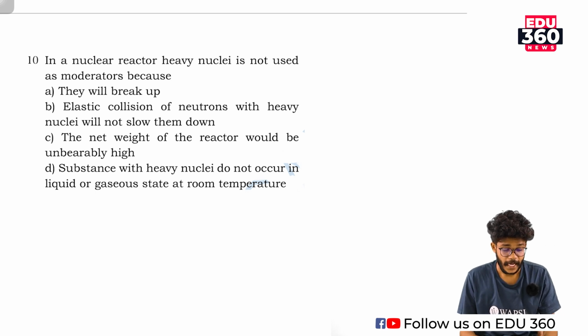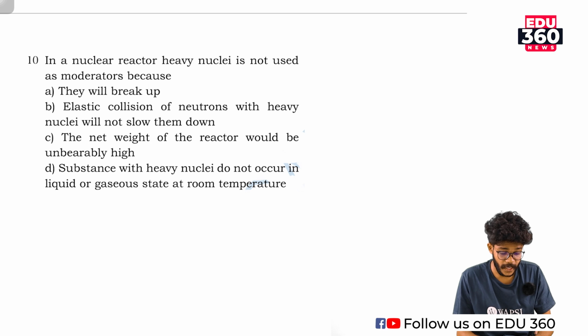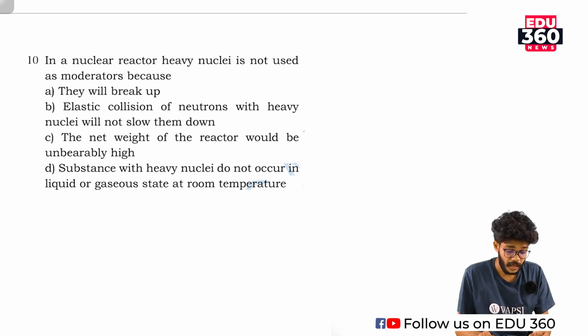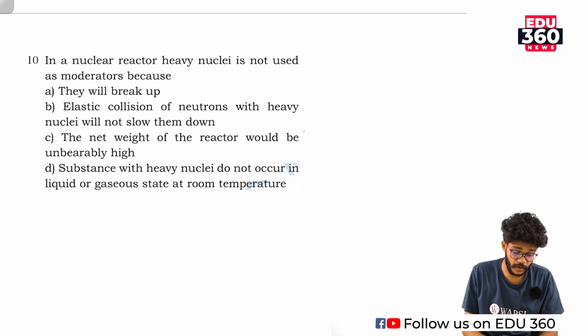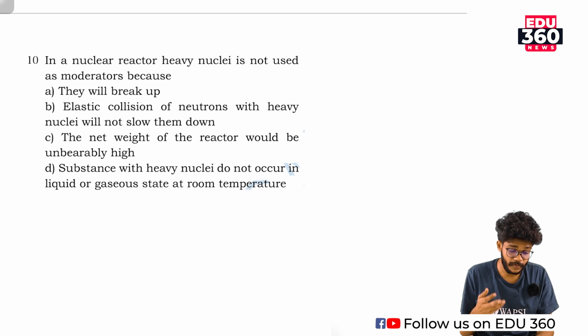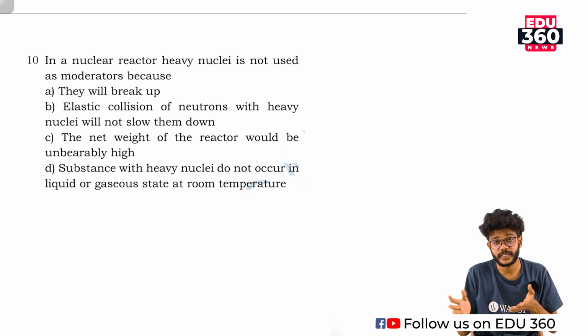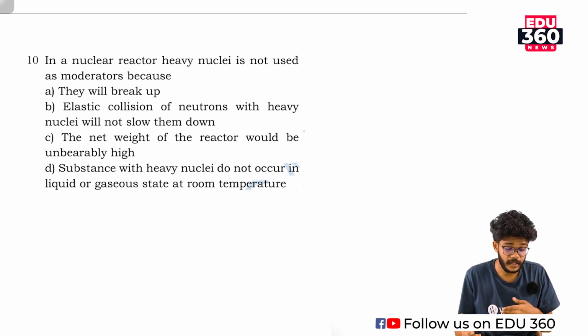They will break up. Elastic collision of neutrons with heavy nuclei will not slow them down. The net weight of the reactor would be unbearably high. Substances with heavy nuclei do not occur in the liquid or gaseous state at room temperature. Option D is incorrect, option C is incorrect, and option B, as already discussed, says the nuclei will not slow them down.